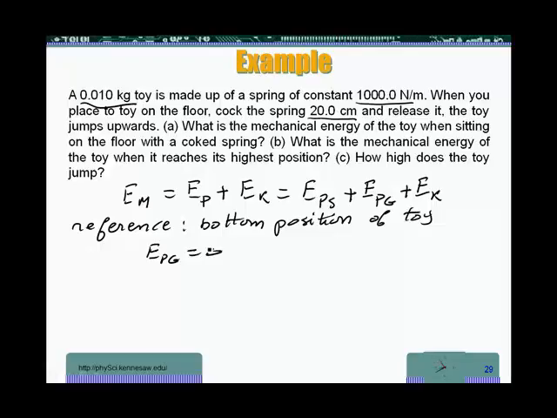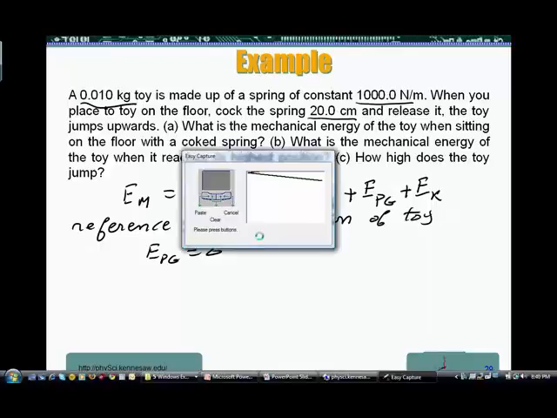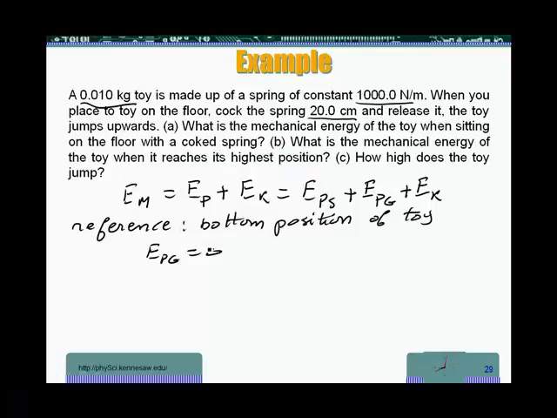Now, when the spring is cocked, the toy is ready for launch, then my spring potential energy is given by 1/2 kx squared. In this case, that's 1/2 of 1,000 newtons per meter times the 20 centimeters, which is 0.2 meters, squared. Okay, now we need to calculate that.